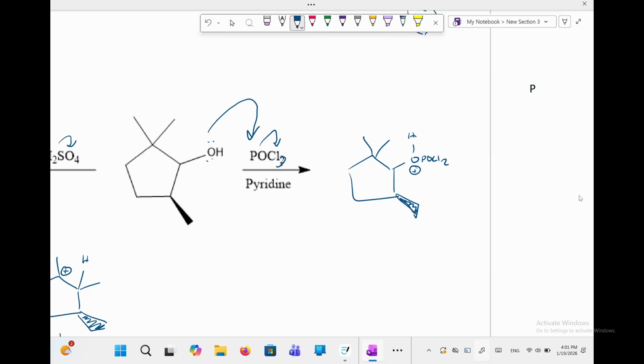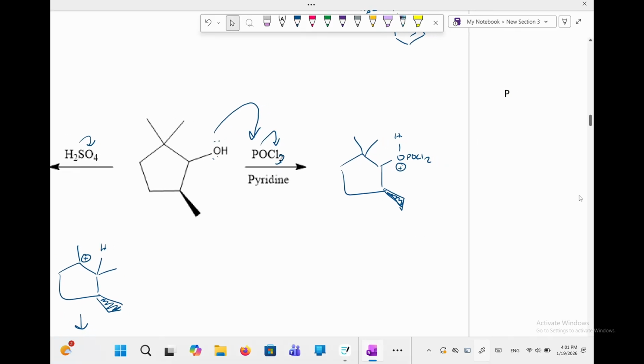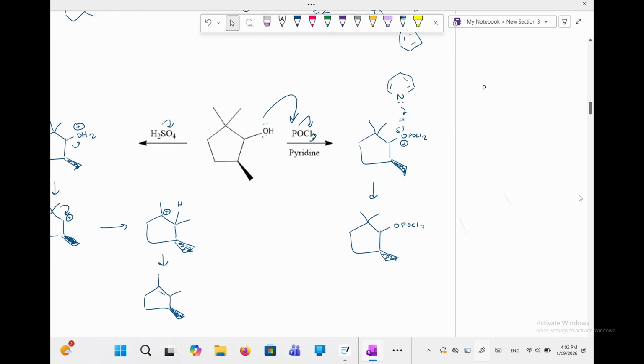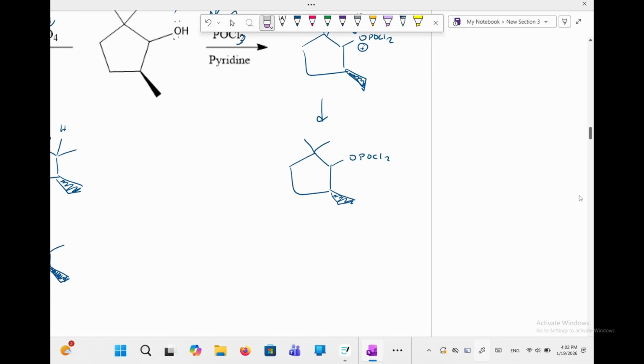Pyridine is going to deprotonate and neutralize it. Then another equivalent of pyridine is going to take a beta hydrogen. And the only beta hydrogen that is available here is on this carbon.